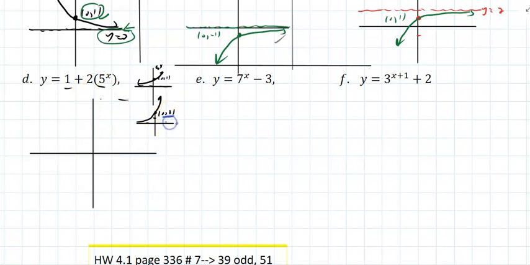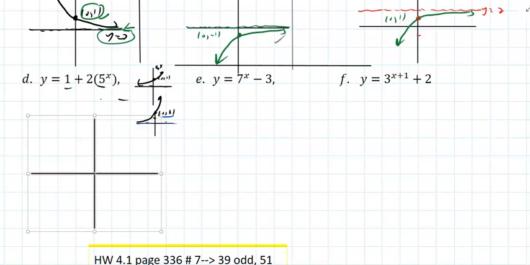It is 0, 2, y equals 0. Shift it up 1 unit, that's going to be y equal 1. And there's 0, 2.